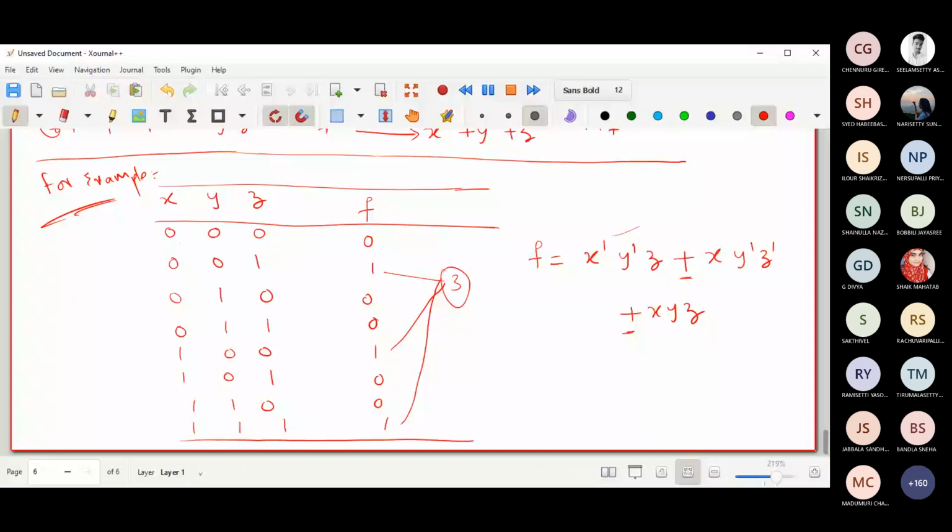Or I can write it like this also: f equal to m1 plus m4 plus m7, or you can write f equal to summation of 1, 4, 7.